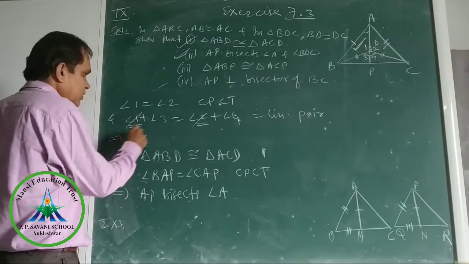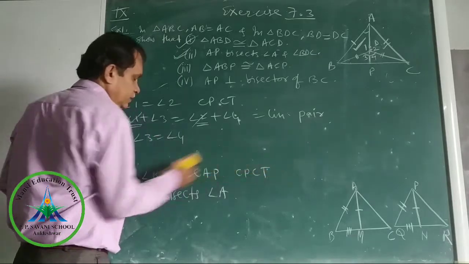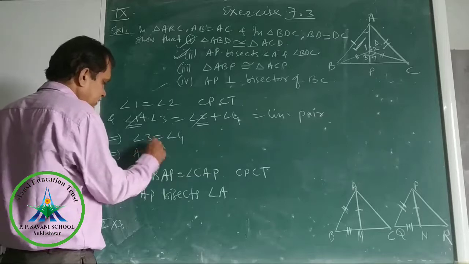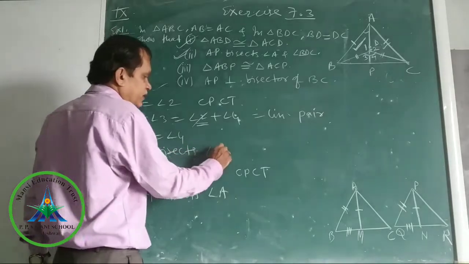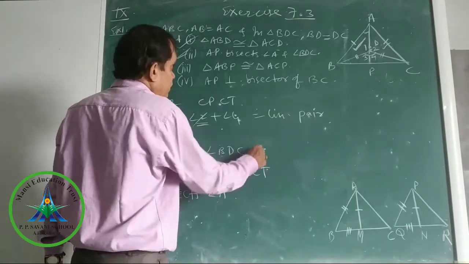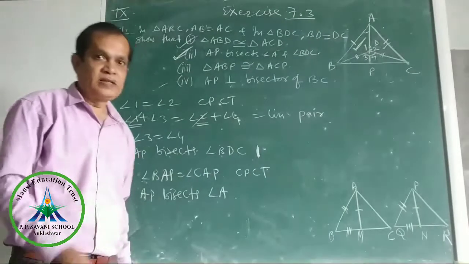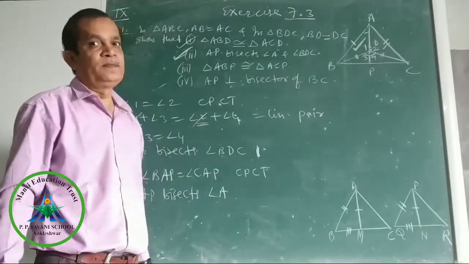This implies angle 3 equal to angle 4. If angle 3 equal to angle 4, this implies AP bisects angle BDC. See, your second part is over. The second part is completely based on simplicity and linear pair. You have to concentrate.